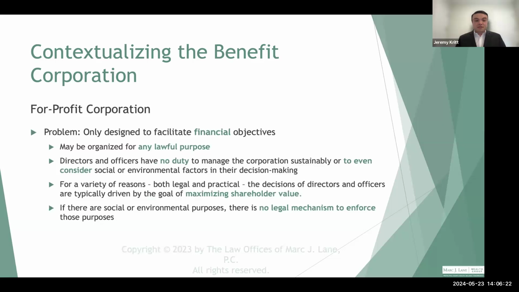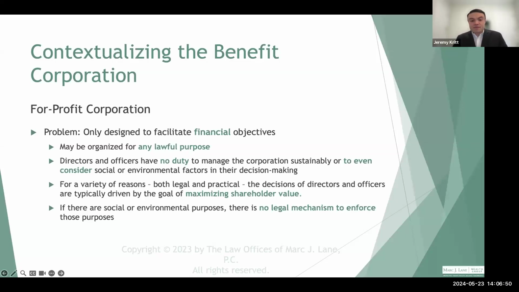Now, on the other end of the spectrum, you have a for-profit corporation. And the problem with a for-profit corporation is it's only designed to facilitate financial objectives. A for-profit may be organized for any lawful purpose. Directors and officers have no duty to manage the corporation sustainably or even to consider social or environmental factors in their decision-making.